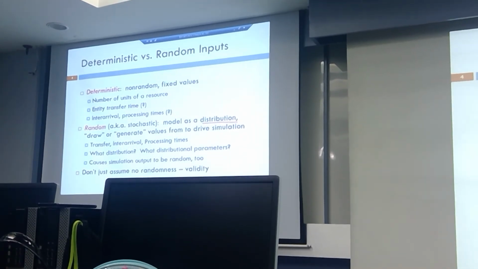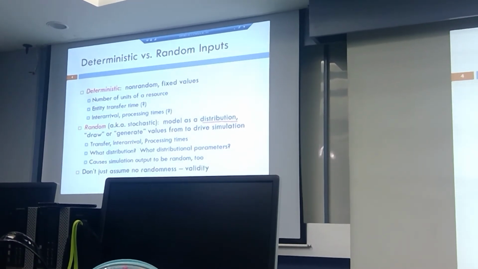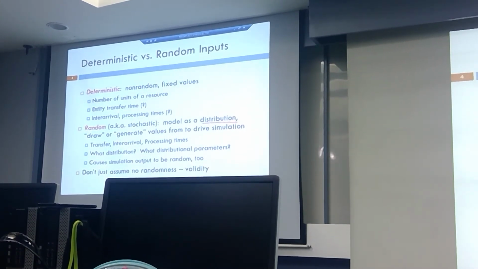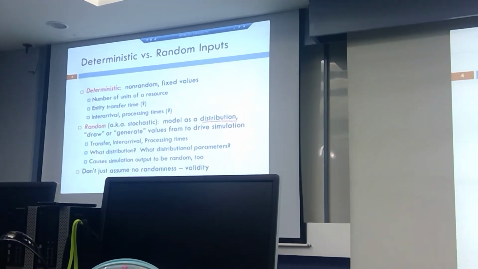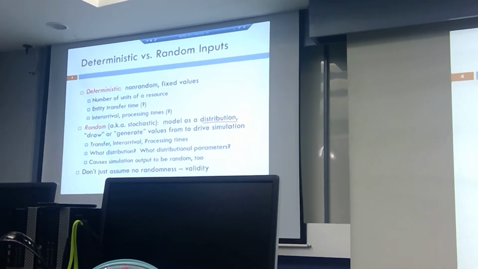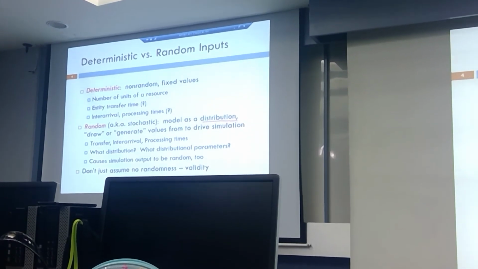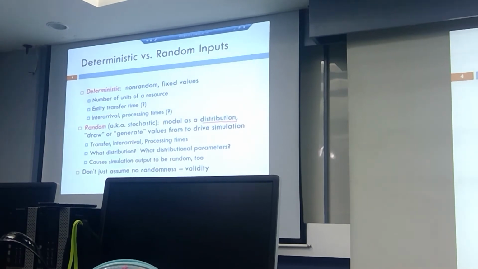When the model runs, it draws a random number and simulates the value out of that distribution to give you the interval time or the processing time. So what we have to be able to specify is the distribution and the parameters. That's the focus of how we do input analysis.